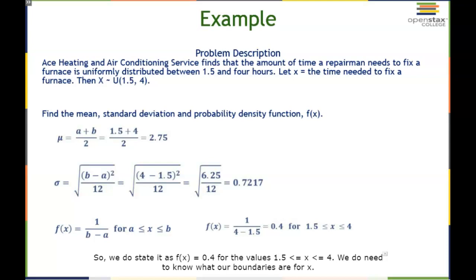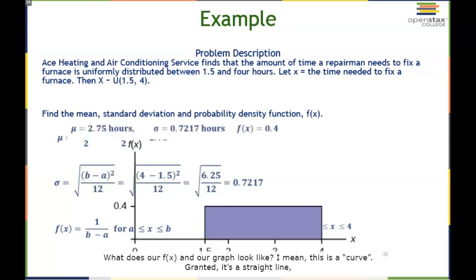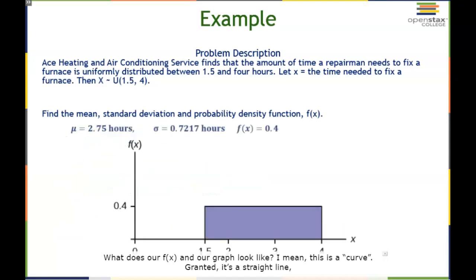So we state it as f of x equals 0.4 for the values of 1.5 is less than or equal to x is less than or equal to 4. We do need to know what our boundaries are for x. What does our f of x and our graph look like? This is a quote-unquote curve.